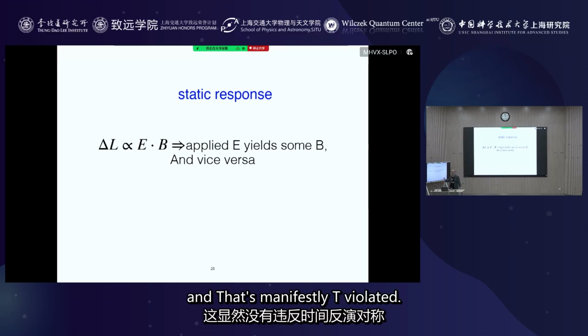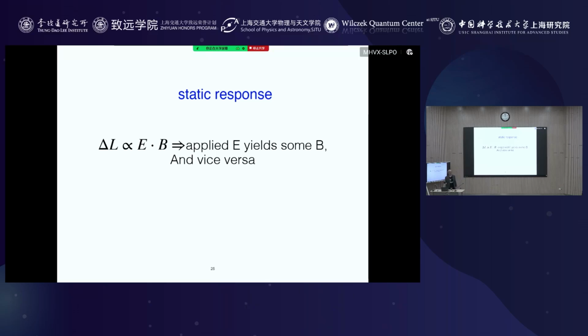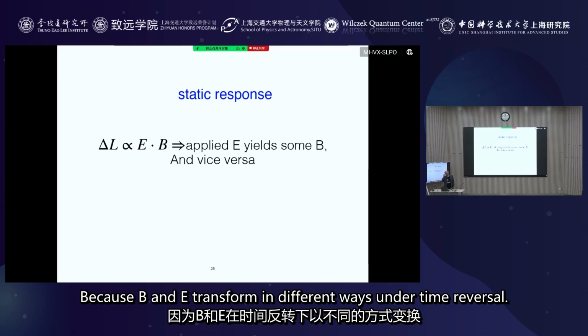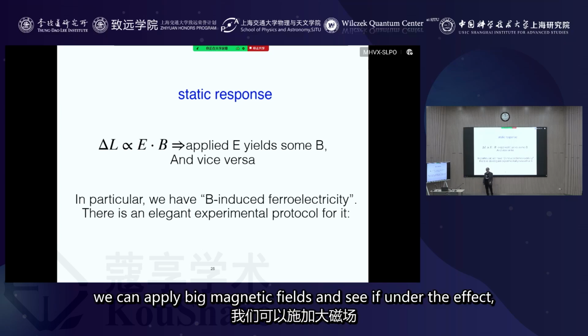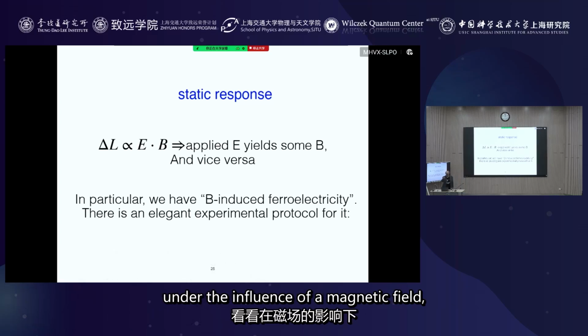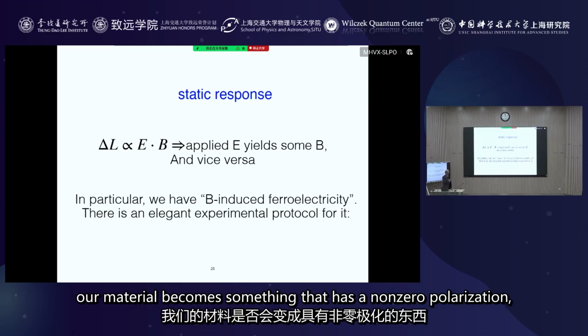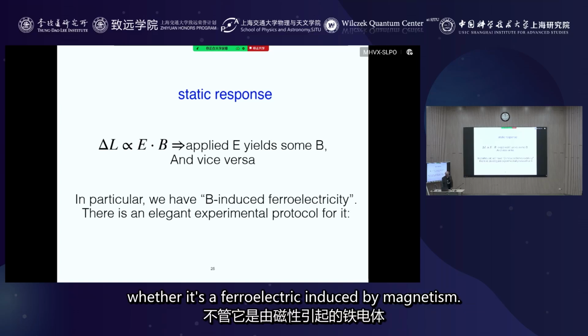And that's manifestly T-violating, right? Because B and E transform in different ways under time reversal. So, in particular, as a practical matter, we can apply big magnetic fields and see if, under the influence of a magnetic field, our material becomes something that has a non-zero polarization, whether it's a ferroelectric induced by magnetism.